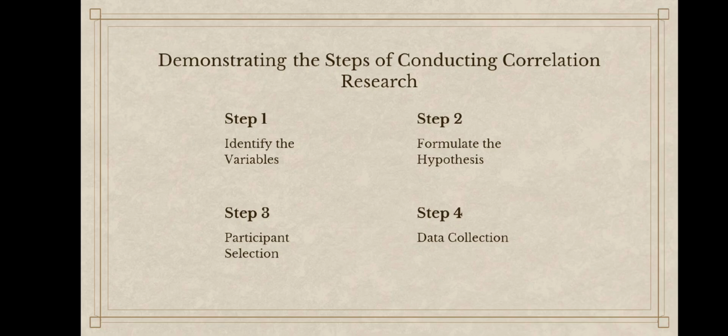Step 1. Identify the variables. You might focus on the relationship between hours spent on language practice and speaking fluency in non-native speakers. Step 2. Formulate the hypothesis. More hours spent on language practice are positively correlated with increased speaking fluency. Step 3.